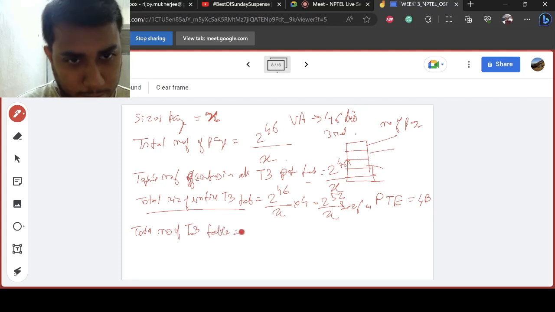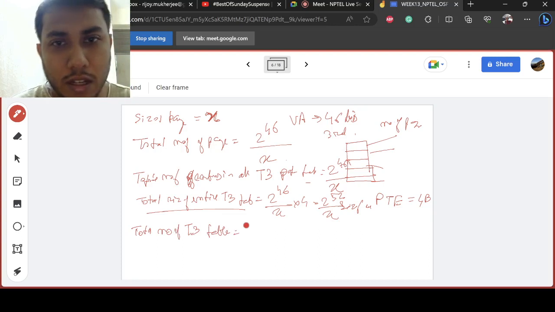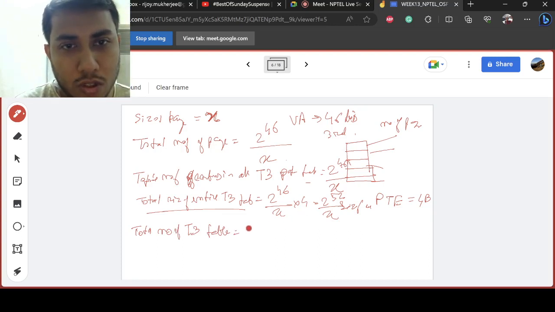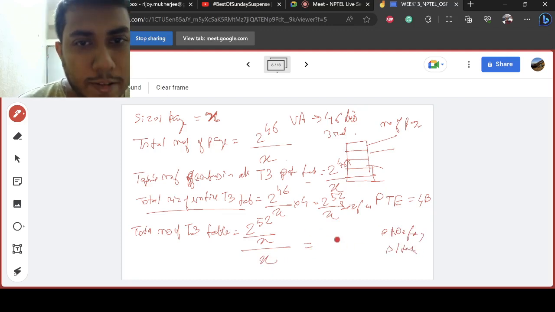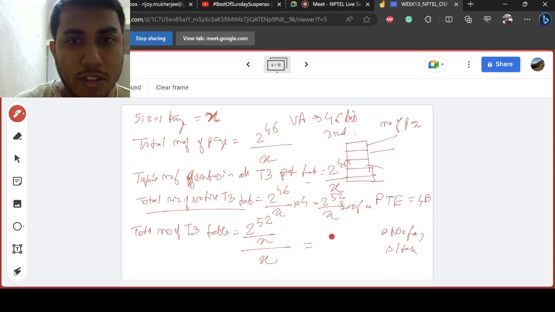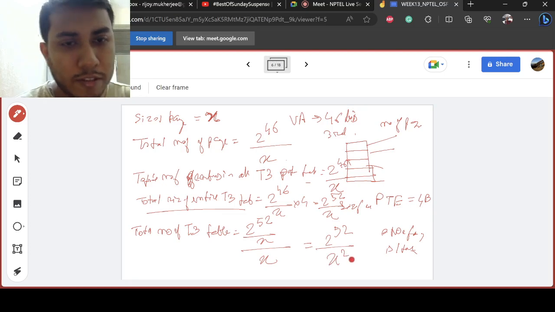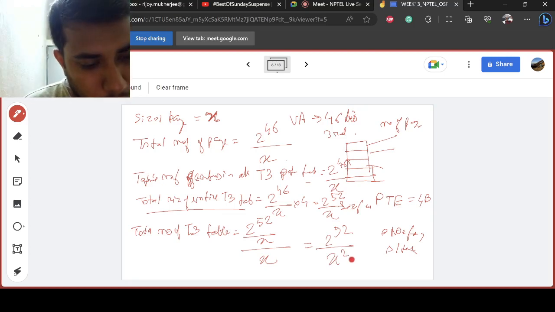Since the size of each table is one page, it is 2 to the power of 48 divided by x squared. That is the total number of T3 tables.